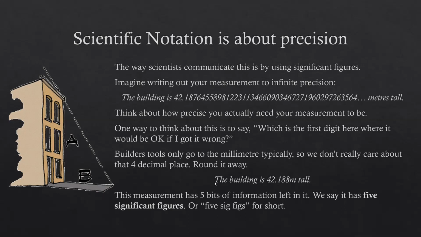So we'd have something more precise. On the other hand, if we're just eyeballing this and we're an experienced builder, we might be able to look at that building and say, 42 meters. And in that case, you'd have 2 bits of information. You'd have 2 sig figs. So you'd have 2 units of precision, basically.